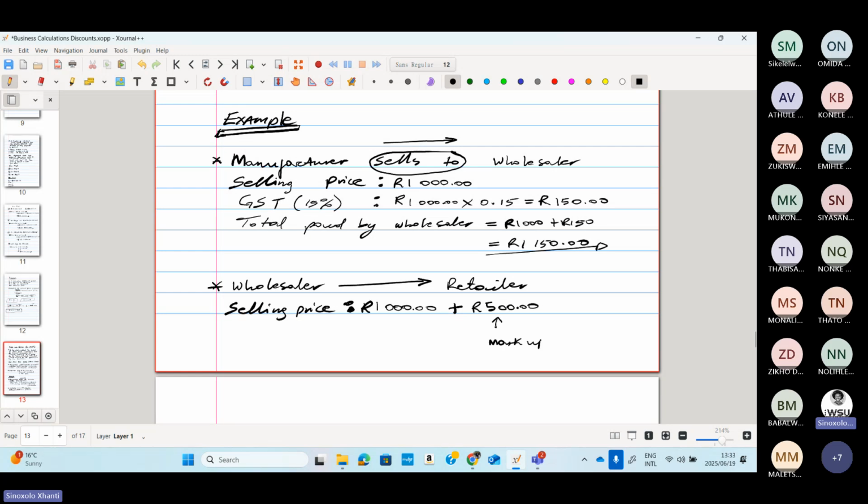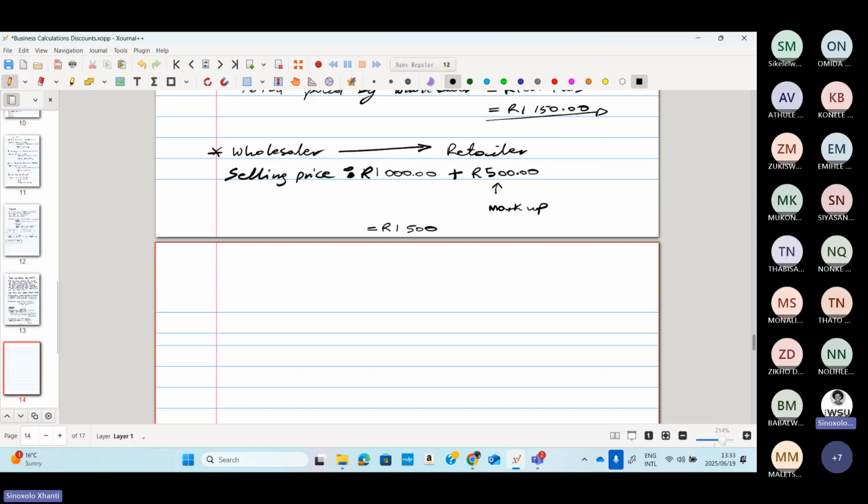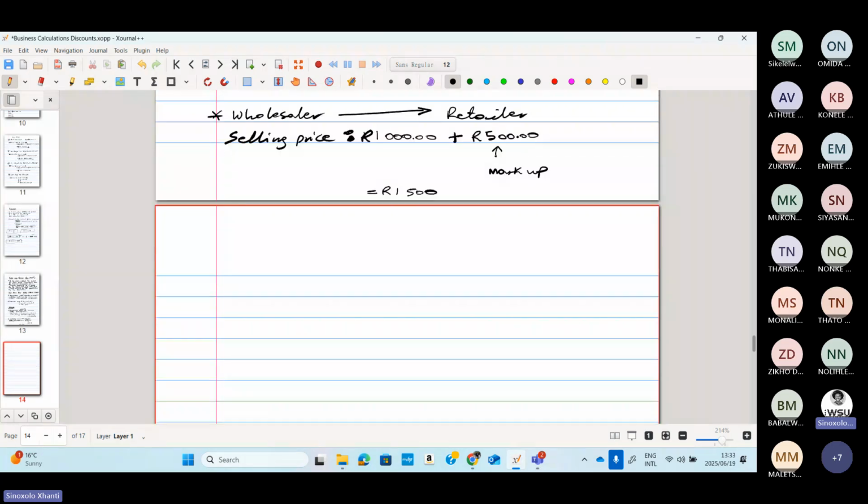I want you to understand that. So we have this 1,000 plus 500. So this portion of amount that I add so that I can make a profit, we call it the markup. In other words, the selling price of this person is going to be 1,500. That is going to be the selling price of this wholesaler.